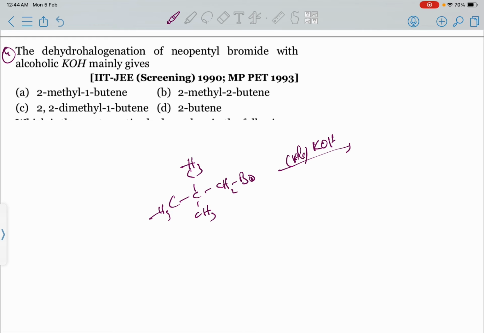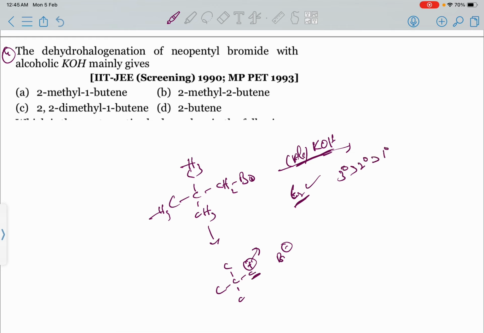But what actually happens, let's go through it step by step. It will be giving this first, and Br minus. As I said before, it follows the E2 mechanism, right? Alcoholic KOH follows the E2 mechanism, in which tertiary is more stable than secondary, which is more stable than primary.